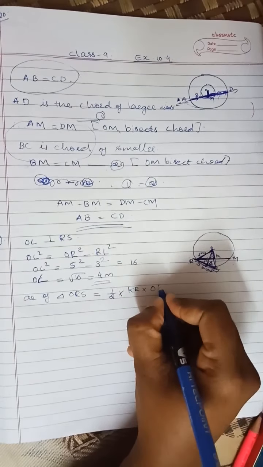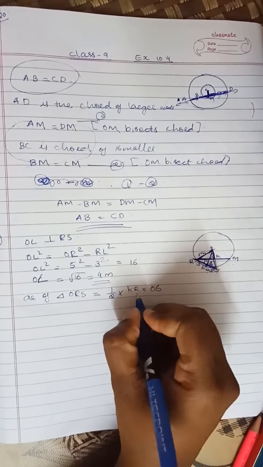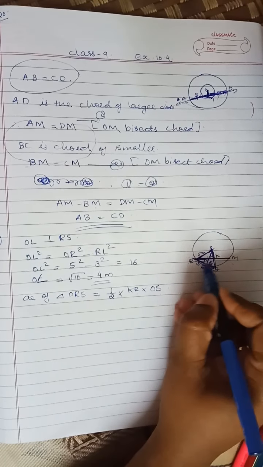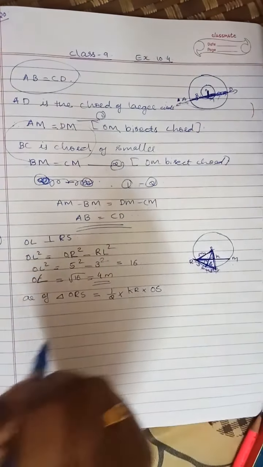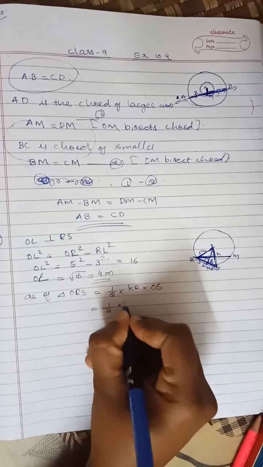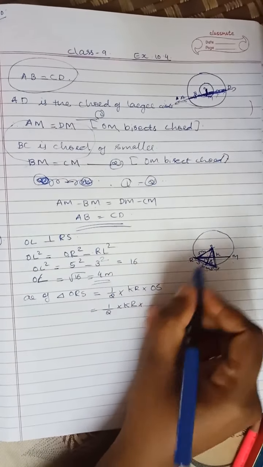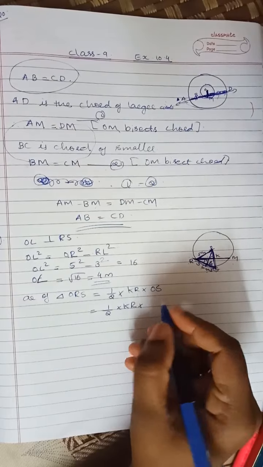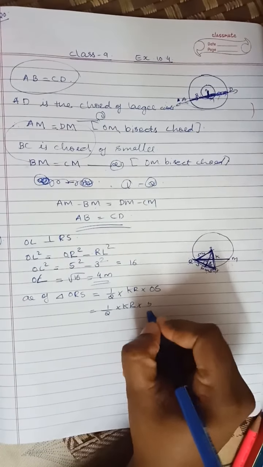I am taking it as base. Taking this as height and this as base. This KR we don't know, correct? OS is the same radius, so radius is always 5.